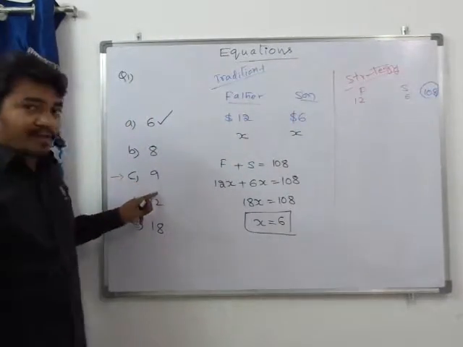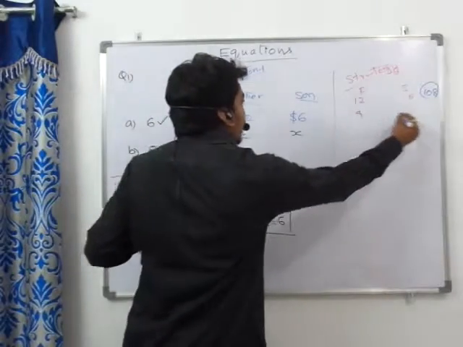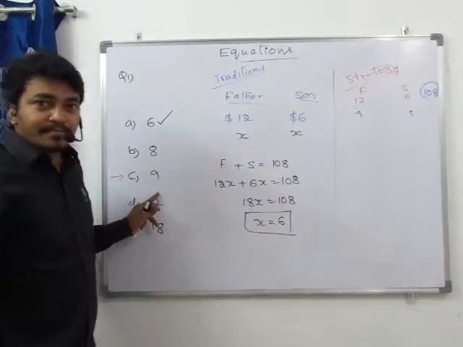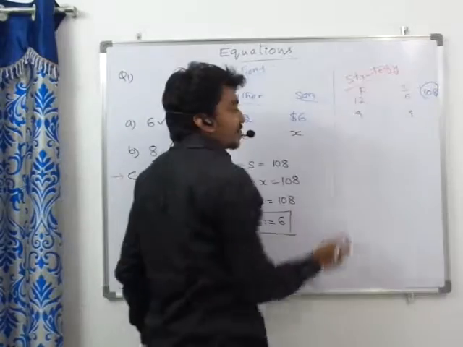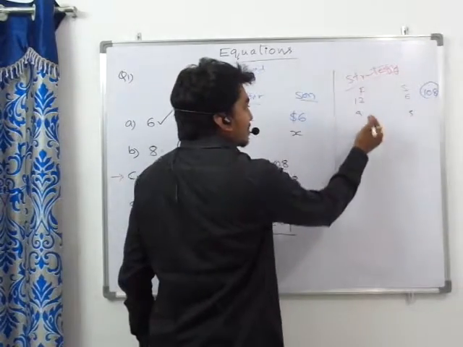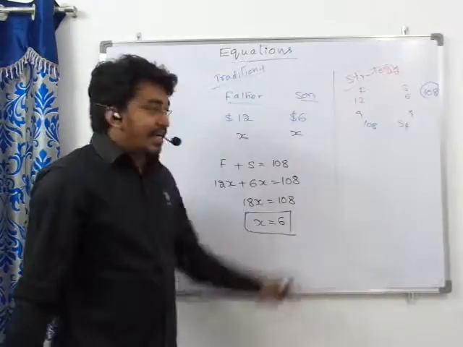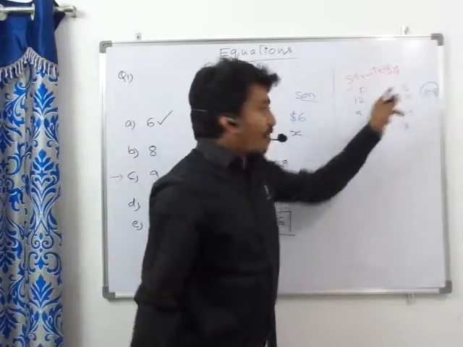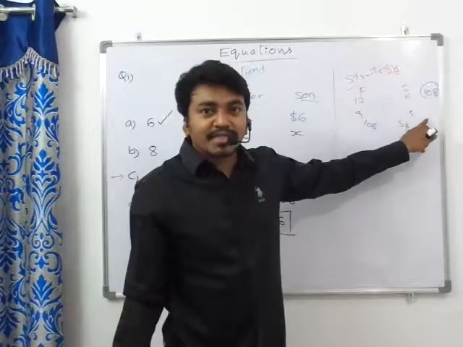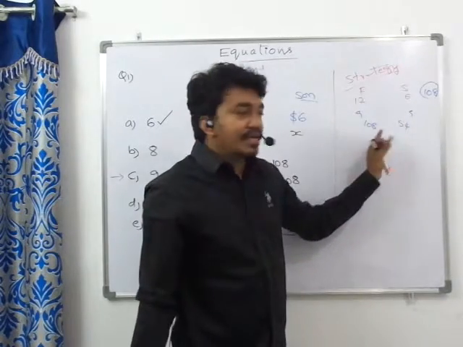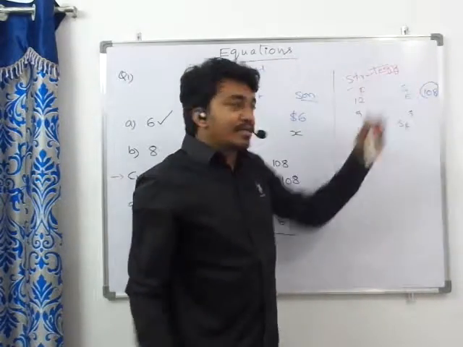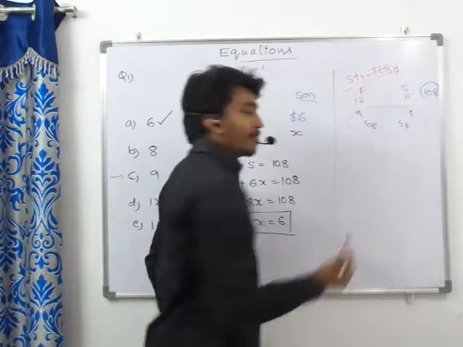If you say father is working for 9 hours and son is working for 9 hours, what is the total combined labor charge? 12 nines are 108, 6 nines are 54. It is exceeding the value, no? Father itself is getting 108. If you add the son's amount, this will be more than 108. So this is not our case.